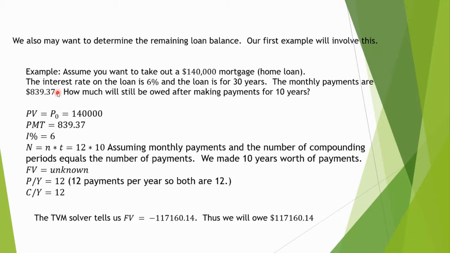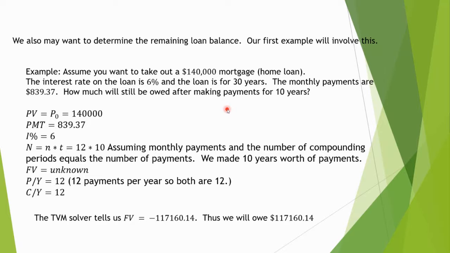The question now is, though, how much do we owe after making payments for 10 years? How much do we still owe? So it's almost like here we're assuming 10 years have gone by in the previous example. We want to know how much is remaining 10 years down the road.